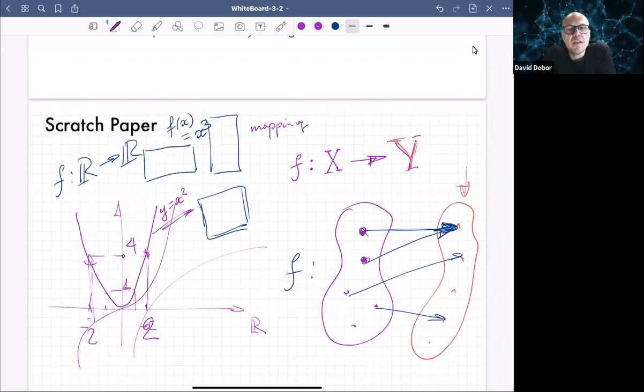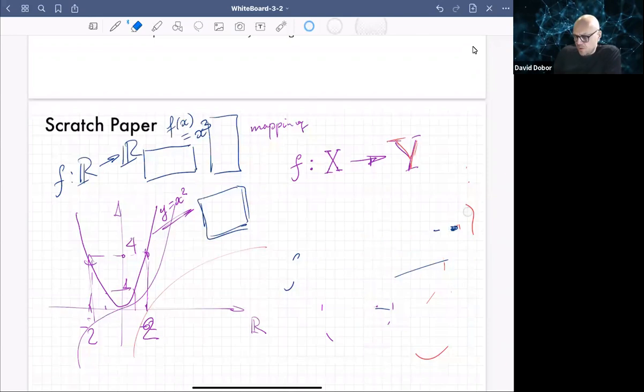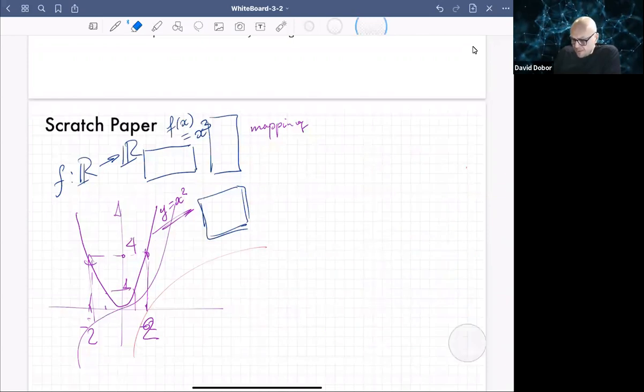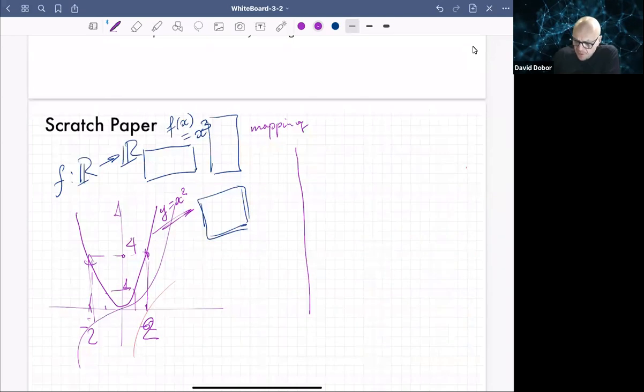Now, the reason I bring this up, we'll return to this notion of a function later in other sections of the class. But what we'll be concerned with here is functions that are non-negative in what's coming up.